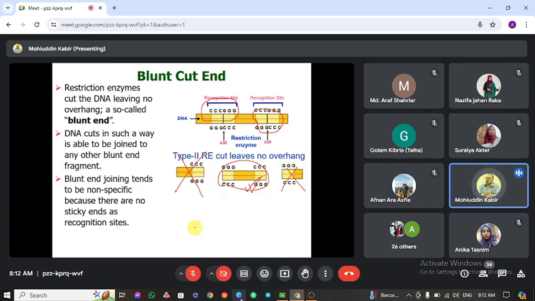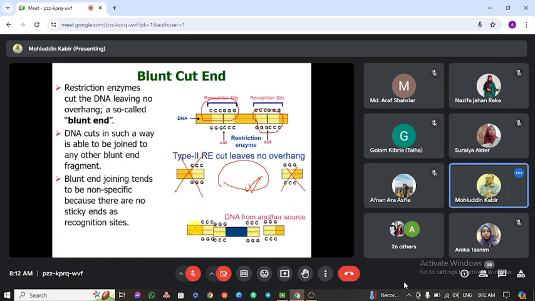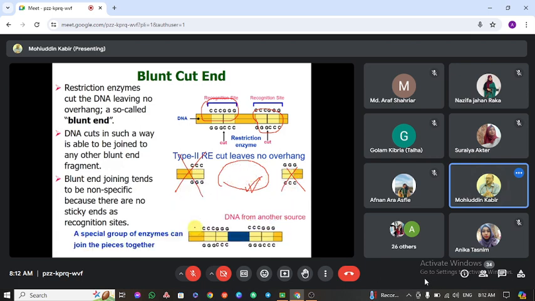Our plasmid also needs to be cut with the same blunt end cutter. So the plasmid DNA, when we cleave, will also produce that blunt end.